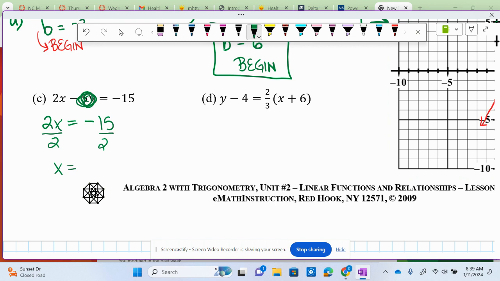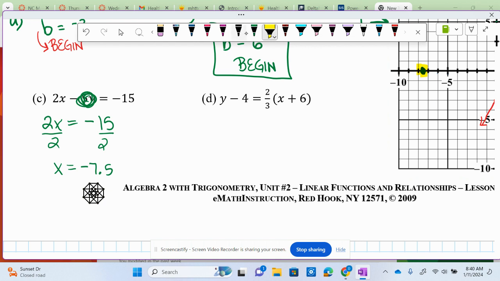You can use your calculator. Yeah, so -7.5. That means that this graph C is going to cross the x-axis at -7.5. I'm going to put that point right there, right in between -7 and -8. Do you guys see where I drew that point on my graph?